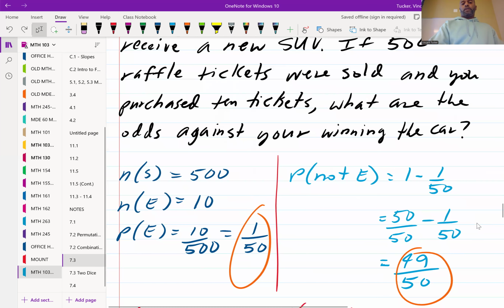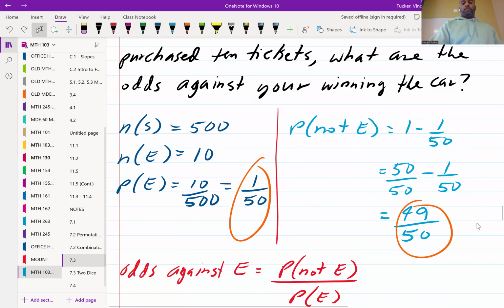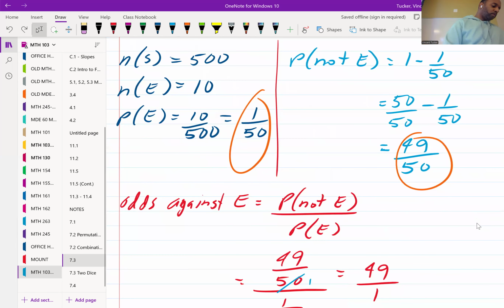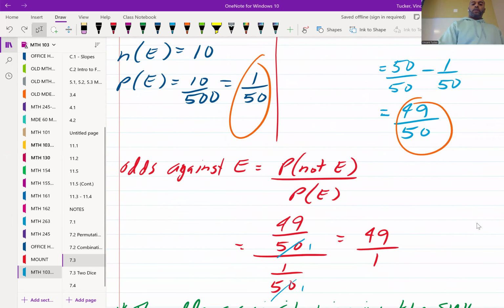Take the probability of your event not occurring and place it over the probability of your event occurring.